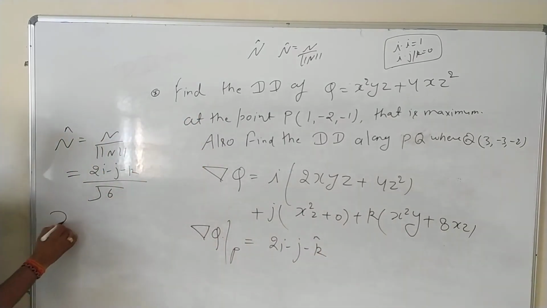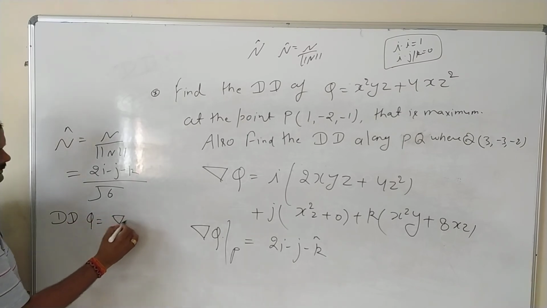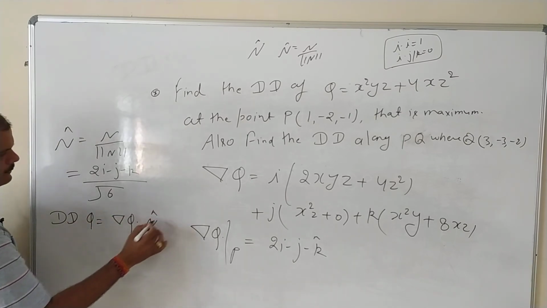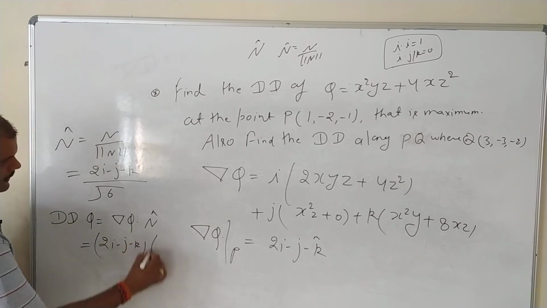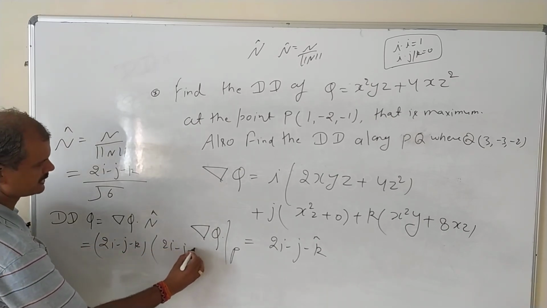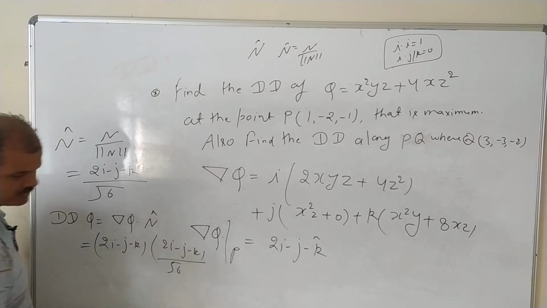So now the directional derivative of phi will be grad phi dot n cap. So (8i minus j minus 10k) dot (2i minus j minus k) divided by root 6.